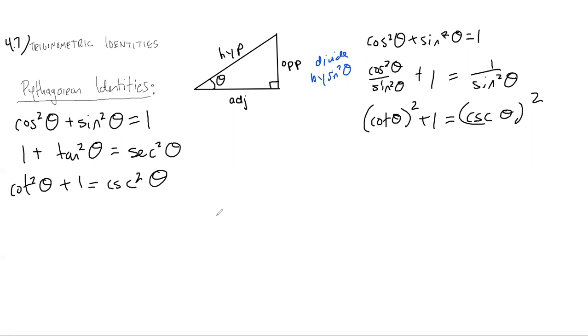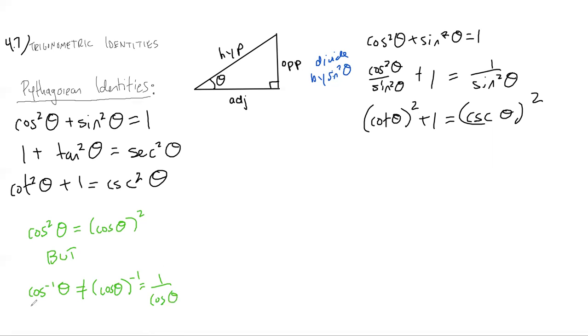And something to note right here, I don't know if we've touched on this yet. We see the little squares there in cos squared, sine squared, etc. So we've talked about this before, that cos squared theta is actually the same thing as cos theta squared, but cos to the -1 theta is not the same thing as cos theta to the -1, or 1 over cos theta.